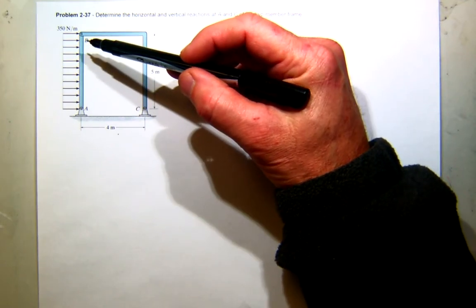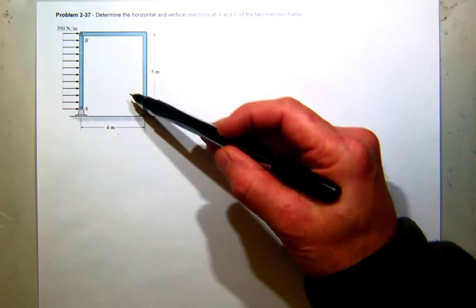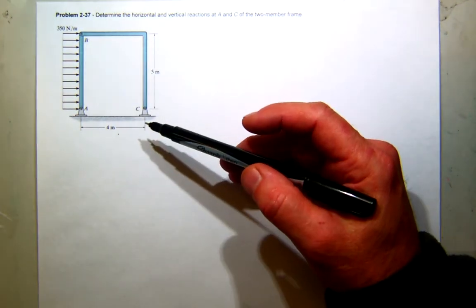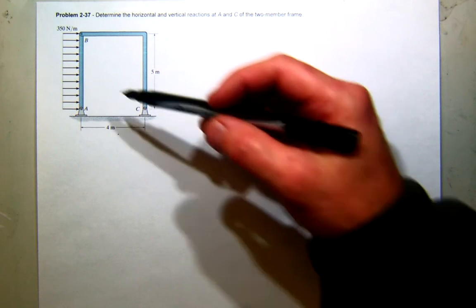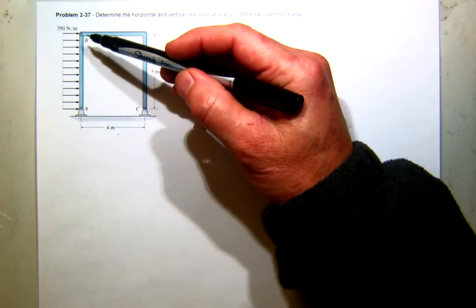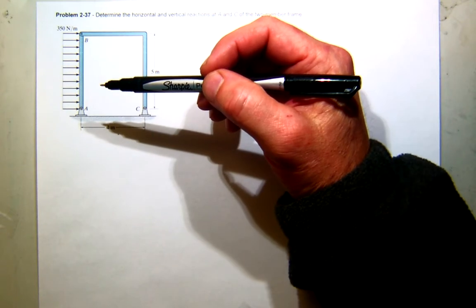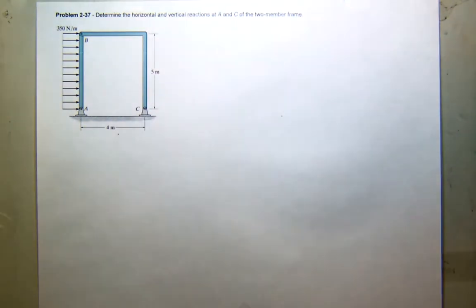I know exactly the direction of that reaction. It's going to be the line connecting B and C. I know the direction. I just don't know the magnitude. 1 unknown. So now when I take this part AB apart, I'll have 2 unknowns at A and only 1 unknown at B. Very similar to the problem we just looked at. All right? So let's do that.